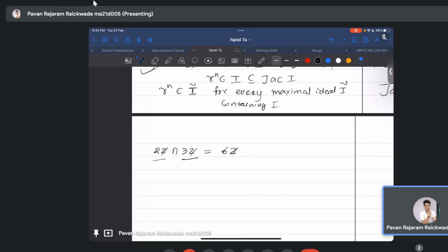So for any distinct primes, if you take p1Z intersection p2Z and go on with intersection pkZ, where the pi's are prime, this equals p1 p2 up to pk Z, where the pi's are distinct primes.